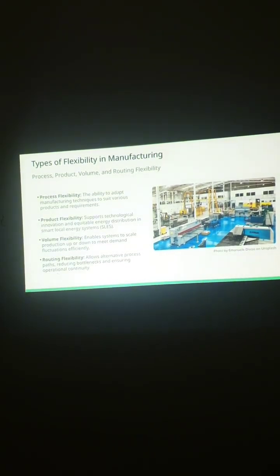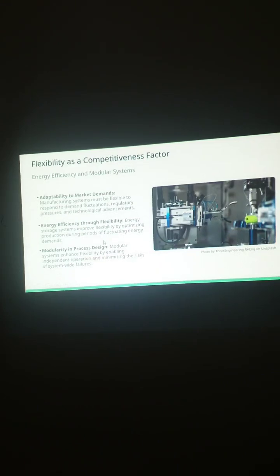Product flexibility supports technological innovation like equitable energy distribution in smart local energy systems, SLES. Volume flexibility enables the system to scale production up or down to meet demand fluctuation efficiently, and routing flexibility allows alternate process paths, reducing bottlenecks and ensuring operational continuity.